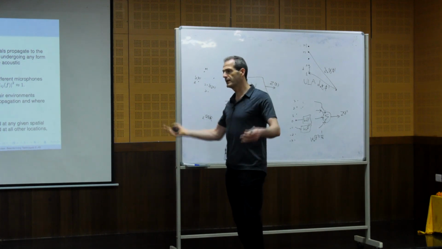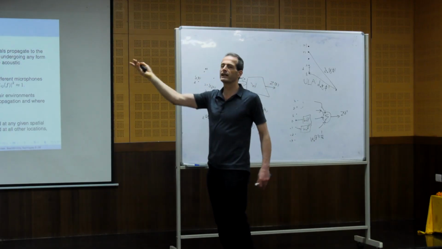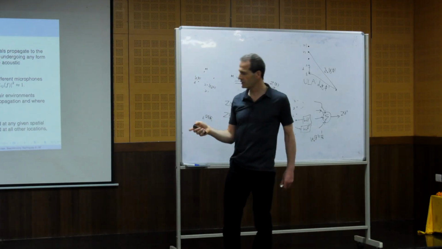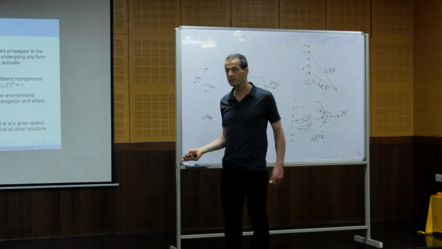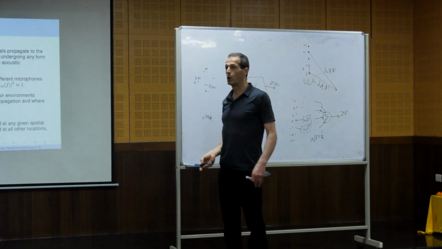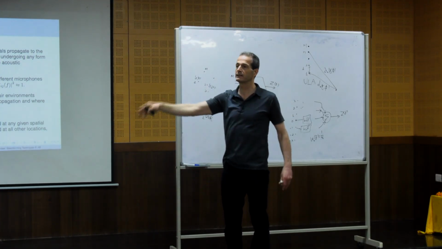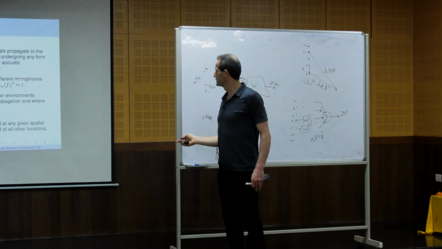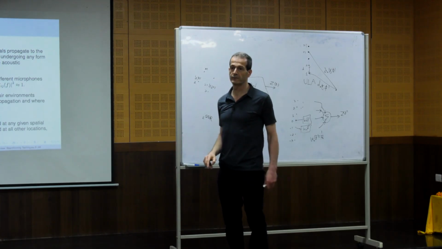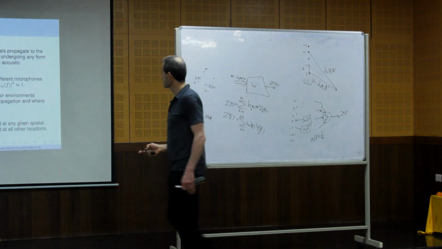In free field, or when the walls are very far so reflections can be neglected, or in an anechoic chamber for acoustic waves, or in the air for electromagnetic waves, you will have magnitude squared coherence equal to 1. And this is a coherent source.